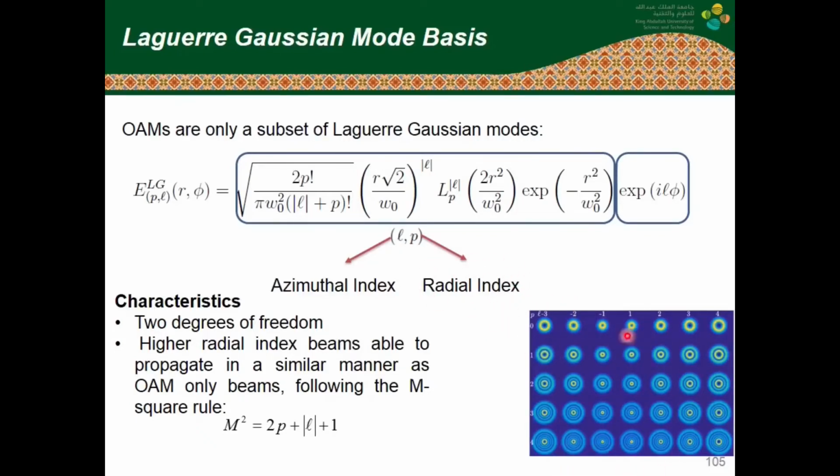The transverse intensity distribution of LG beams is depicted here, and higher radial index beams are able to propagate in a similar manner as OAM-only beams, following the M² rules.